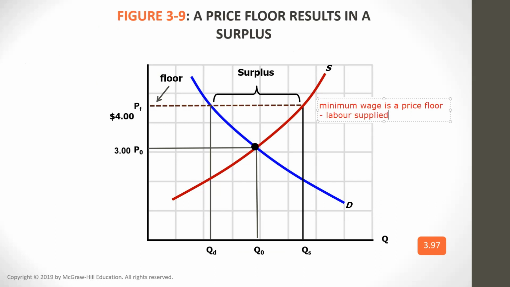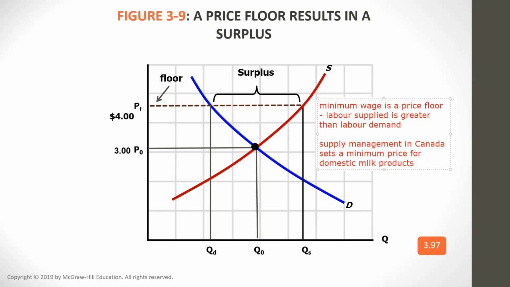Labor supplied is greater than labor demanded, and also the supply management in Canada sets a minimum price for domestic milk products to drive US milk producers out of the Canadian market to protect Canadian dairy farmer businesses.